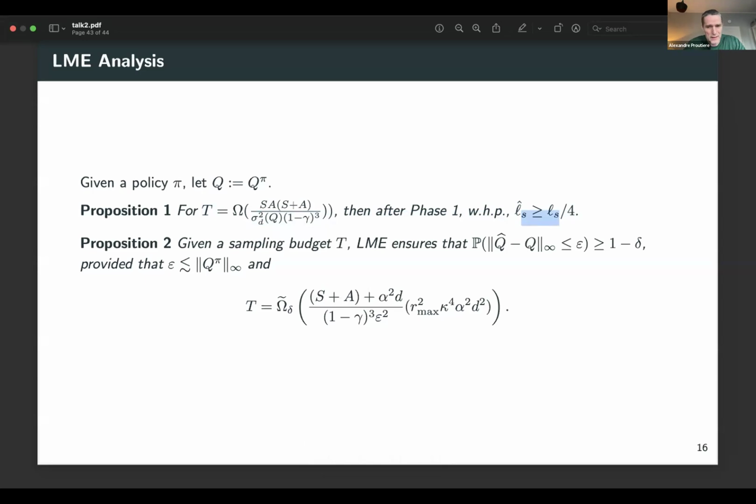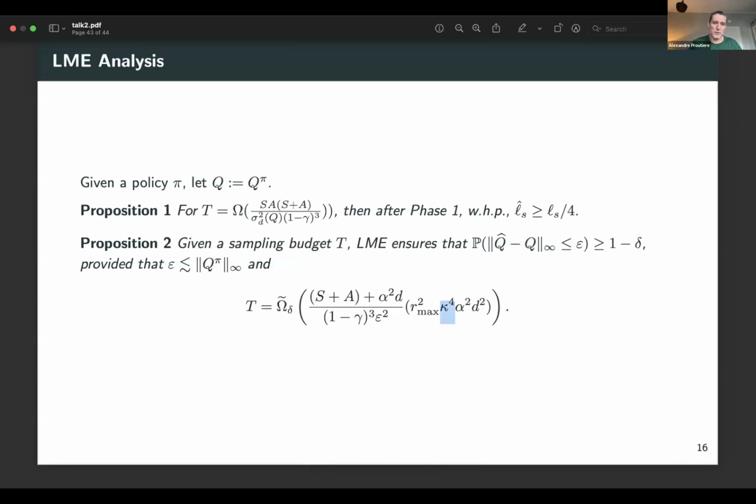And we also have a sample complexity for the entry-wise guarantee of Q. That is saying that the sample complexity should scale like this. So you see that you have a dependence in S plus A here, you have the dependence in alpha squared, the condition number to the power 4, and that's about it actually.